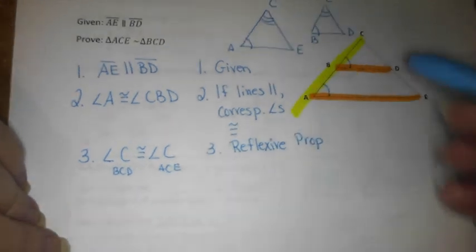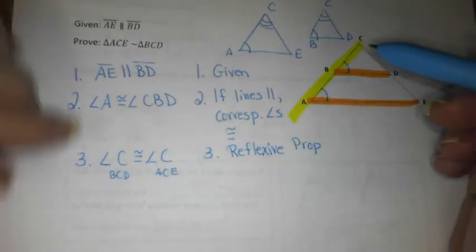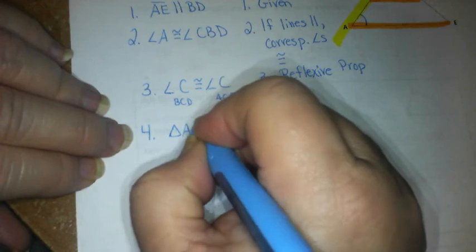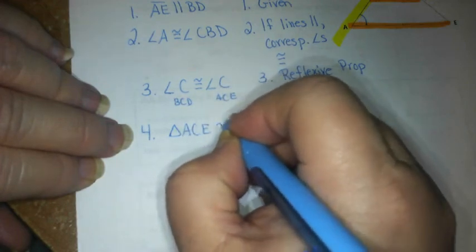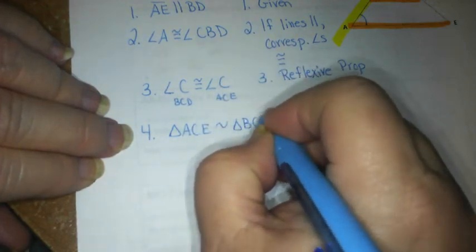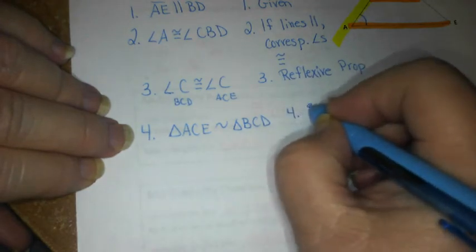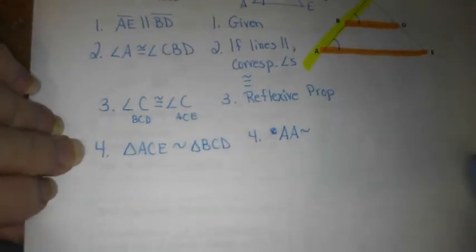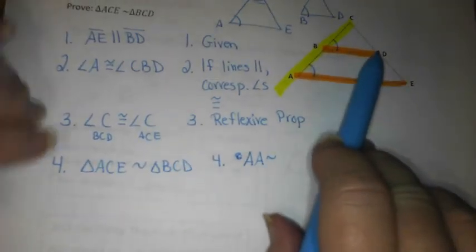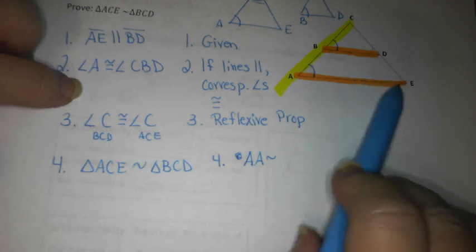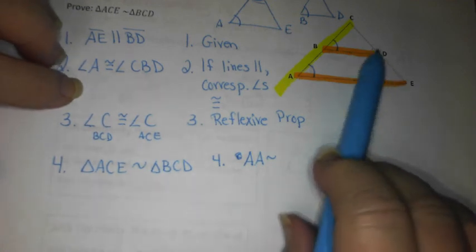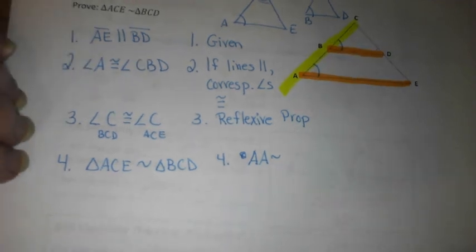And now I've got 2 pairs of congruent angles, so I have similar triangles by the AA postulate. Triangle ACE is similar to triangle BCD. By AA similarity postulate. Now, could you have used angle E and angle D right here and said they're also corresponding? That could be my second pair of congruent angles. Yes, you could. I just wanted to show you the reflexive property if you ever want to use that.